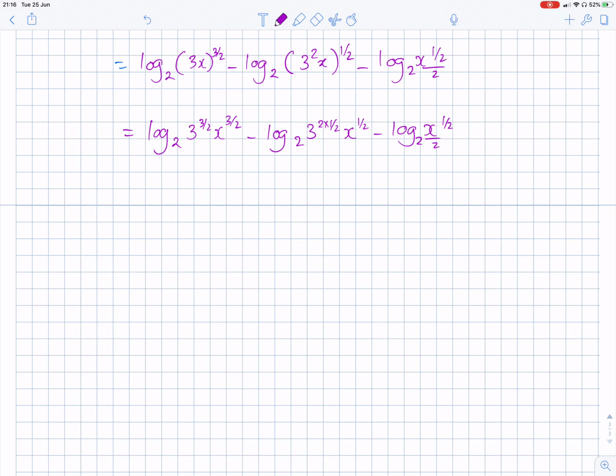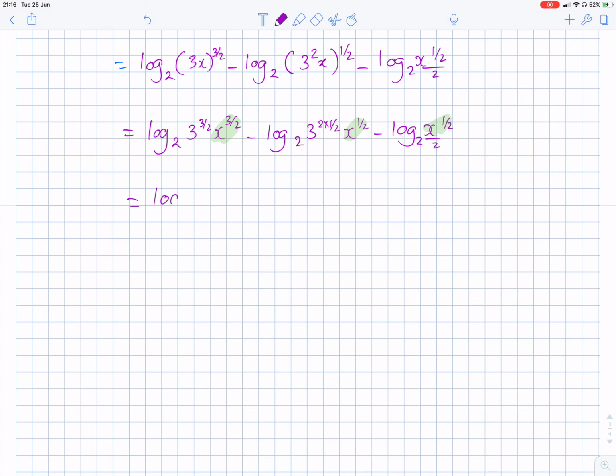Okay, so if you are subtracting logs, right, what you need to notice here is that we've got an x to the power 3 over 2, an x to the half, and an x to the half. And if you're subtracting logarithms, what you want to do is divide these logs.